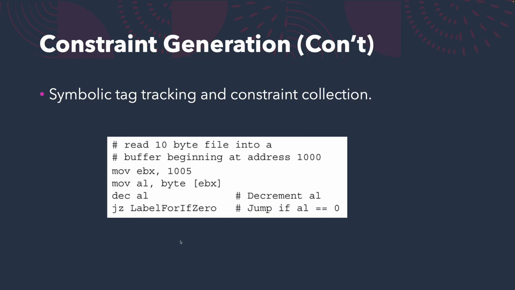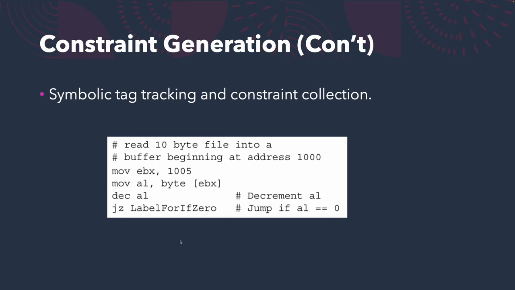The second instruction loads the value stored at the memory location pointed to by EBX into register AL. The byte-pointer syntax is used to access a single byte of memory. The third instruction decrements the value stored in the register AL by 1.